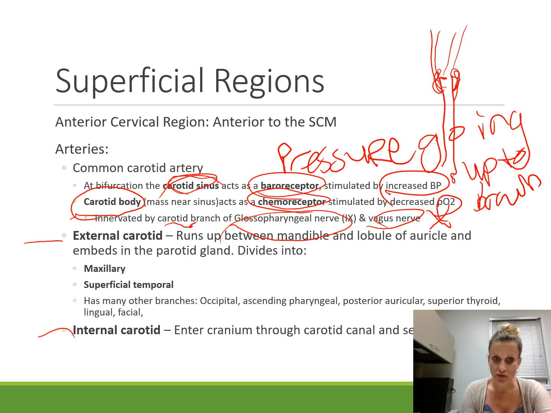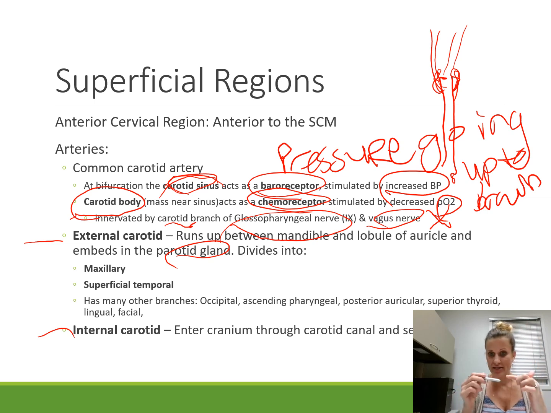The external carotid artery runs up between the mandible, right, and the lobule of the auricular ear. So right here, and it embeds in the parotid gland. And your parotid gland, remember, is right here. So the external carotid artery is coming up, embedding into the parotid gland, and it has numerous branches.